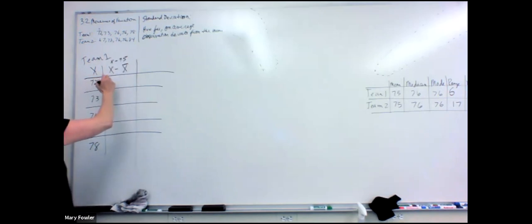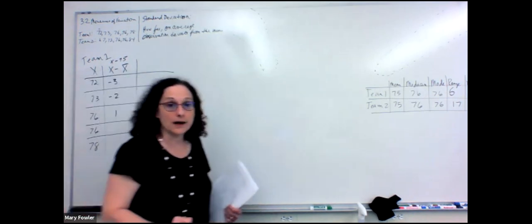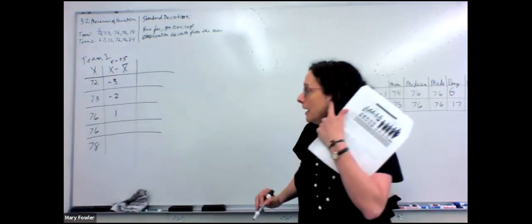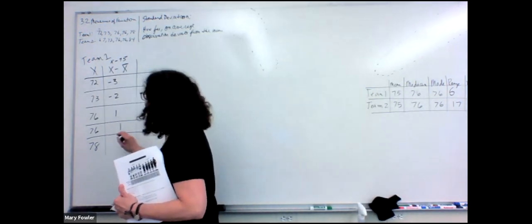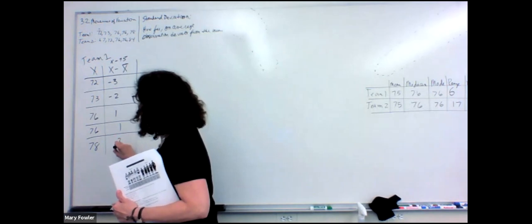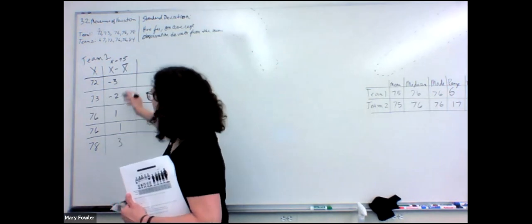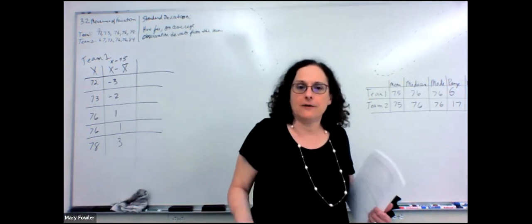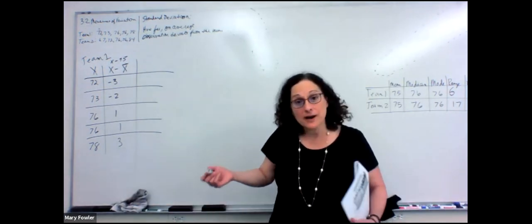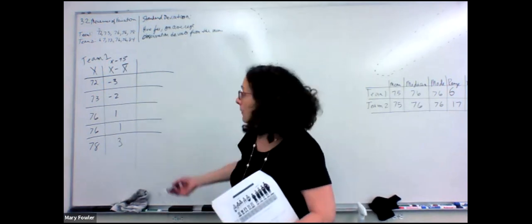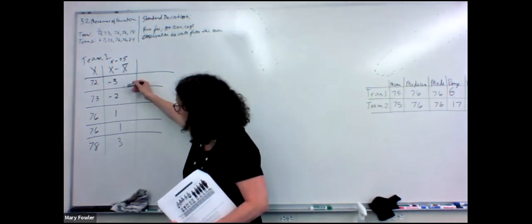So 72 minus 75 is minus 3. 73 minus 75 is minus 2. 76 minus 75 is 1. We got another one of those, and 78 minus 75 is 3. So I want a measure of how far on average these observations vary from the mean. If I went ahead and just averaged them up, when I sum all these up, what do I get?